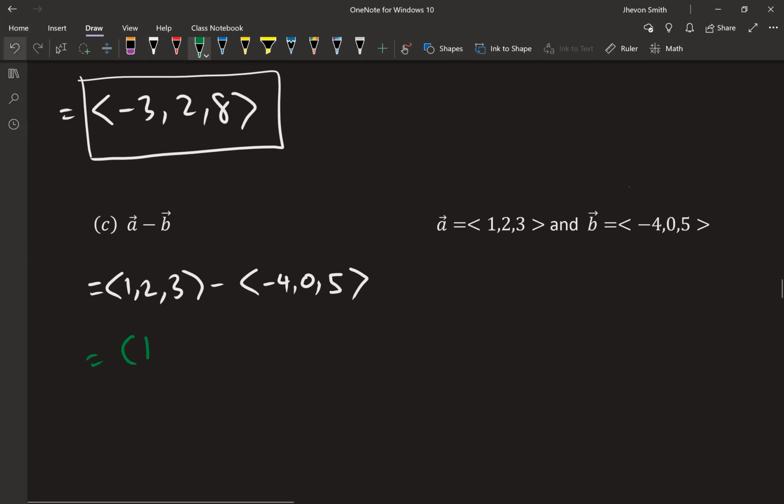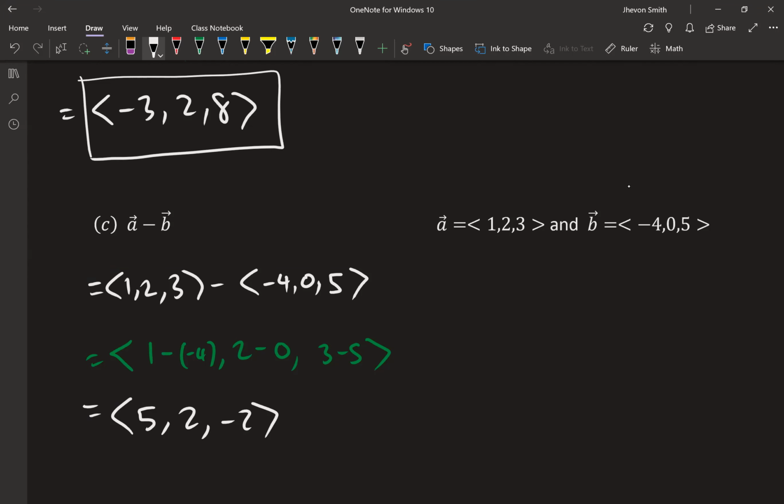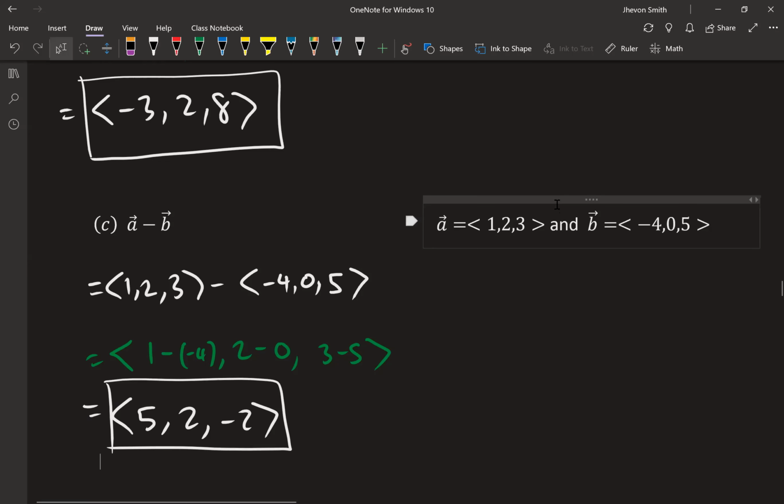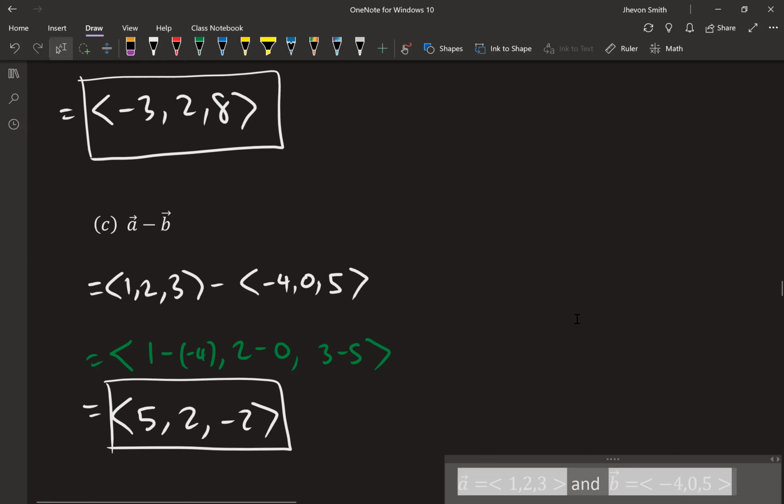That should really be an angled bracket. 1 minus minus 4, 2 minus 0, 3 minus 5. That'll give you 5, comma 2, comma minus 2. Okay, not so bad. Hopefully not too bad.